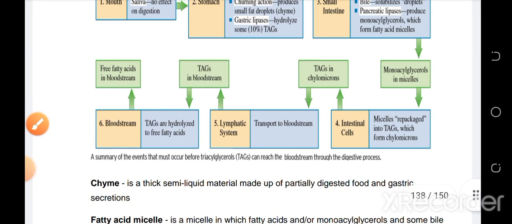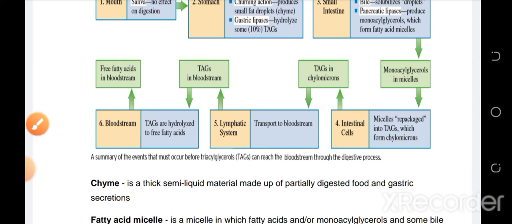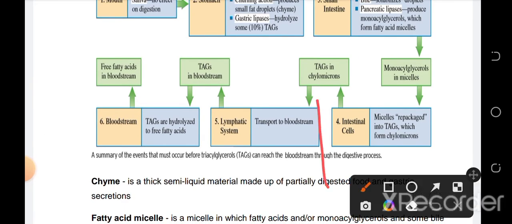Okay, so after that, these monoacylglycerols in micelle will then be repackaged in the intestinal cell. They will be repackaged into triacyl. So from monoacyl, yung isang fatty acid na lang ang na-attach dun sa ating glycerol, marirepackage sila, babalik sila into triacylglycerol, in which form the chylomicrons.